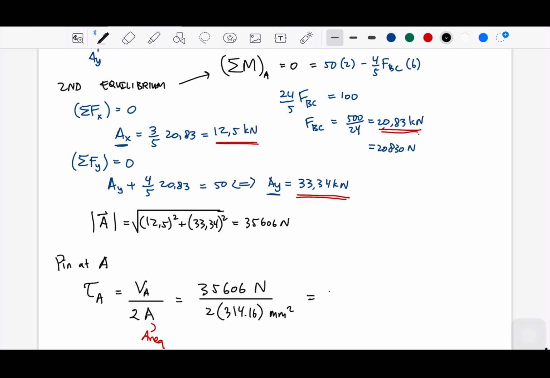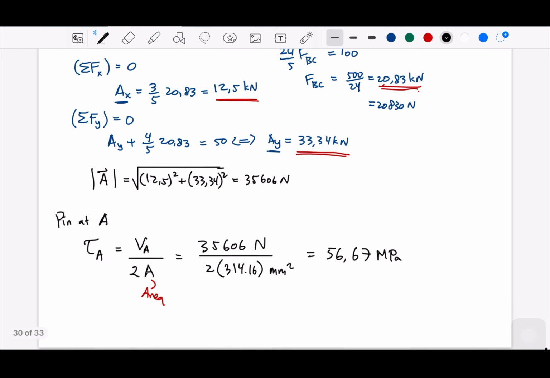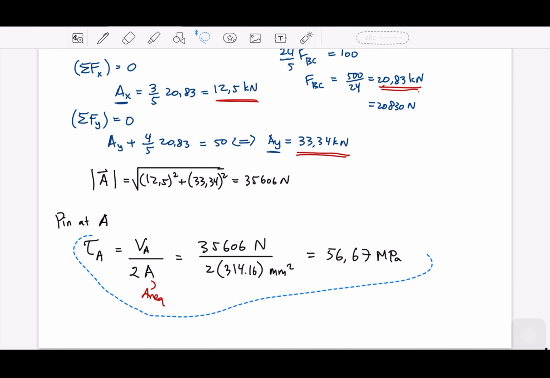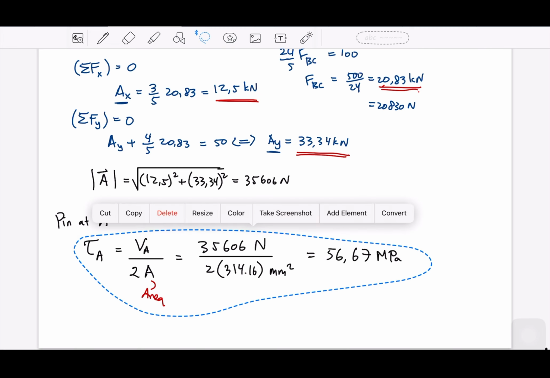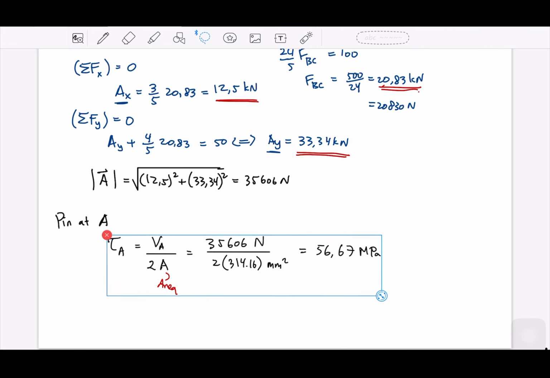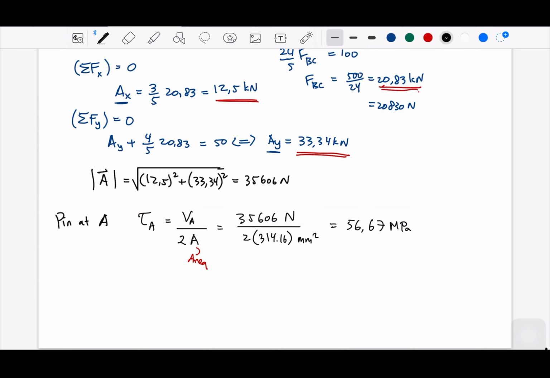So this will equal to 56.67 megapascal. And pin at B, let me be precise a little bit. So pin at B is just a single shear, just a normal.